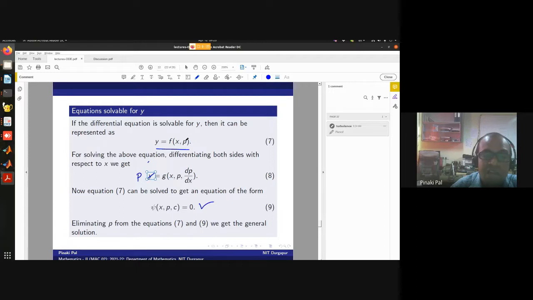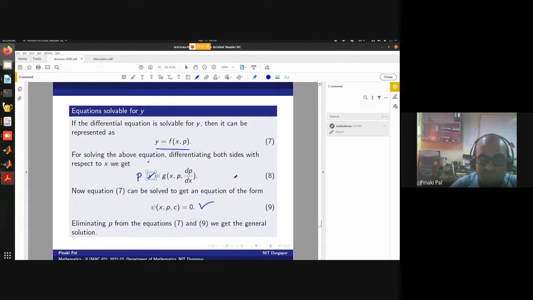The terms with x only will produce x, and the terms which have p will produce p and dp dx, as we are differentiating 7 with respect to x.